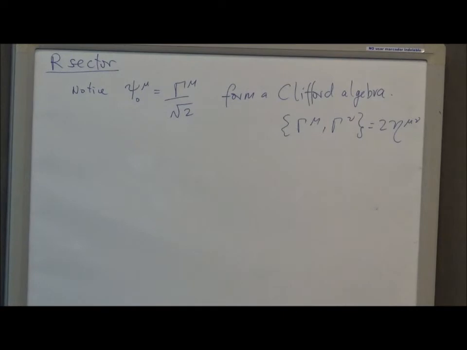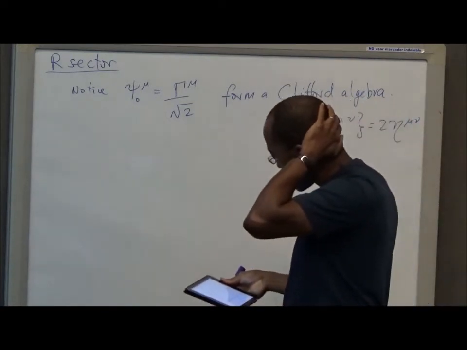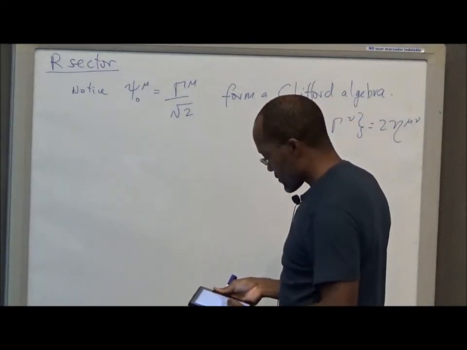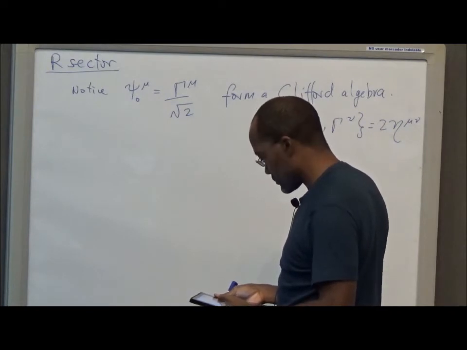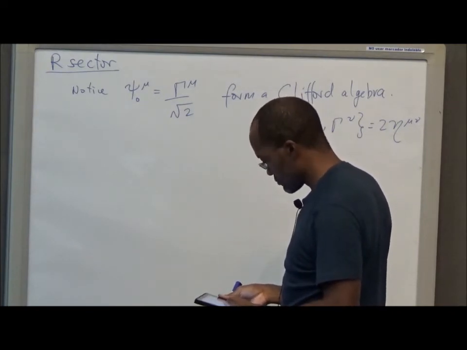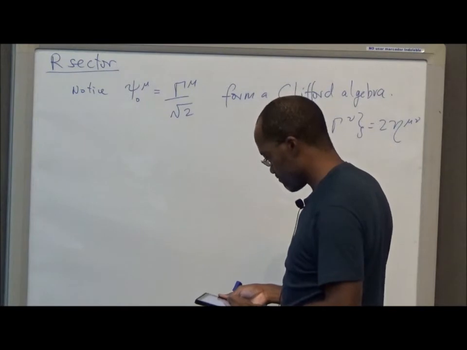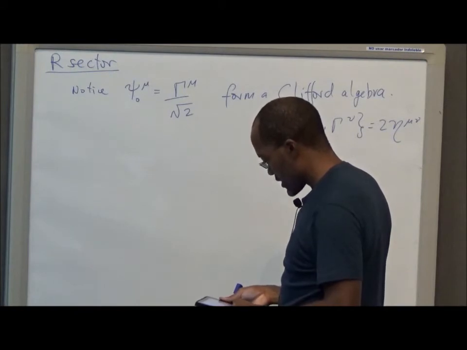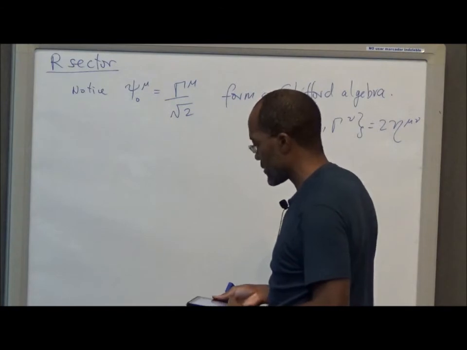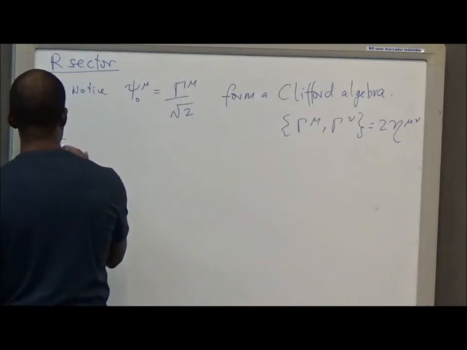Okay, so what I want to do is construct a quick way of saying this so I don't spend too much time on this. Okay, well, we should do it. Right, space-time Lorentz.